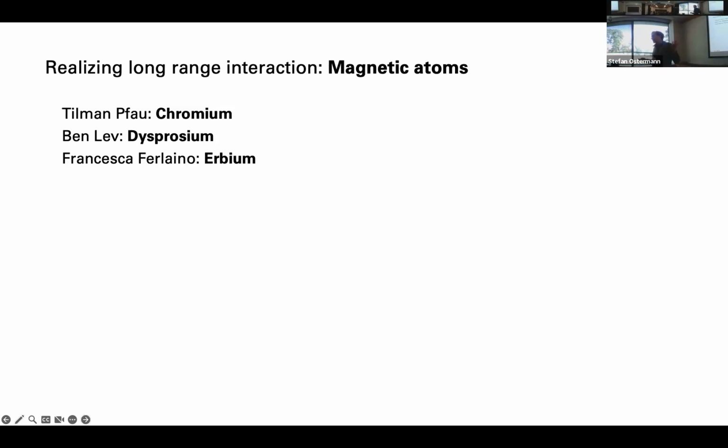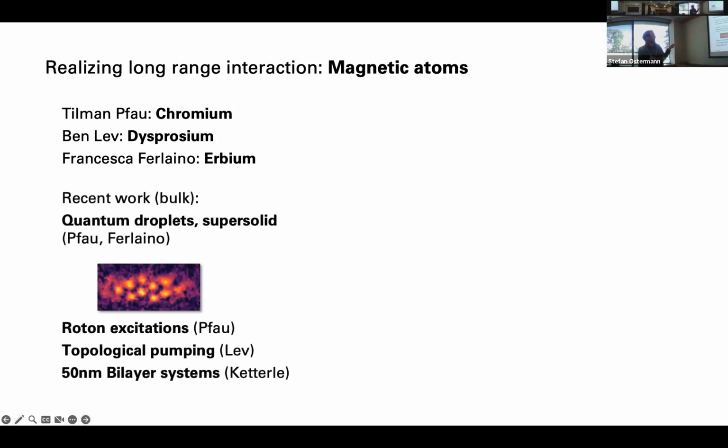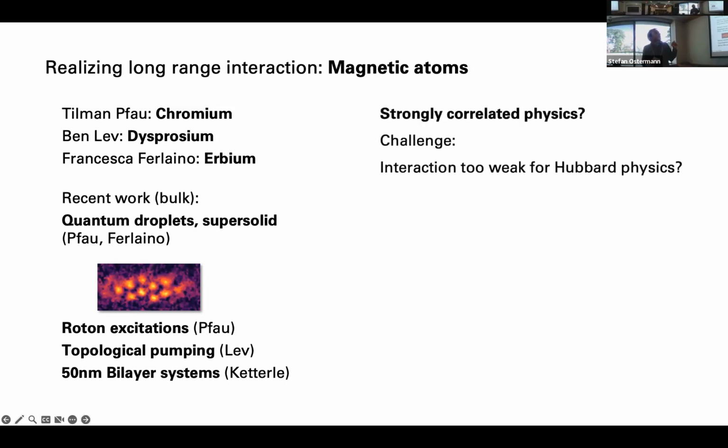There are lots of exciting experiments that I can't all mention here, but as you all know, you can get things like supersolids and all kinds of interesting physics. The question is, can we use this magnetic dipole-dipole interaction to now build a system that has long-range interaction in a Hubbard model kind of setting?